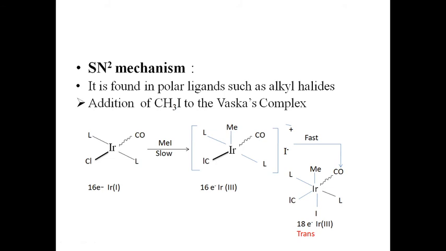When we add methyl iodide to this first complex, the methyl ion will be added to this complex. As a result, this type of complex is formed. When we add methyl, this type of complex is formed.